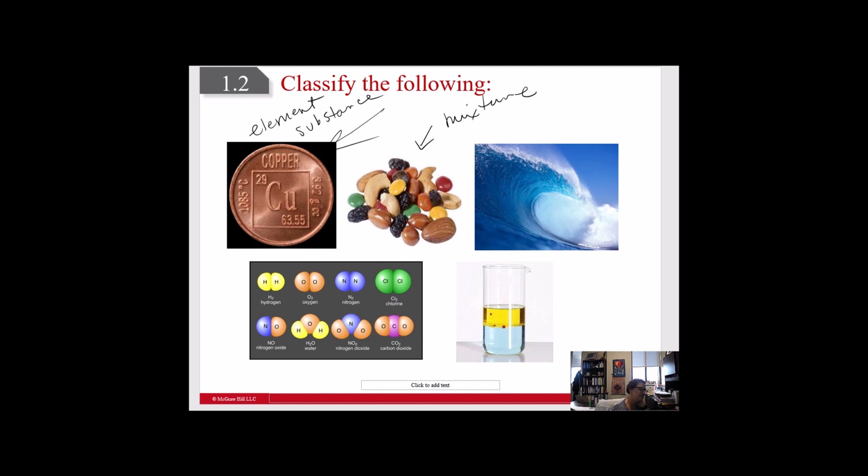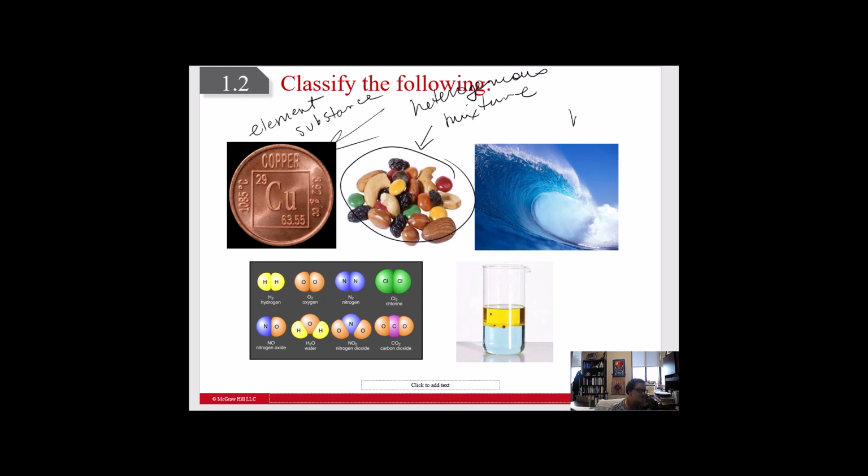Looks like trail mix. Makes me hungry. This is a heterogeneous mixture, because if I put my hand in that bag of trail mix, each time my hand pulls out a sample of it, it could have a different number of raisins or nuts or whatever. So it's going to be different every time.